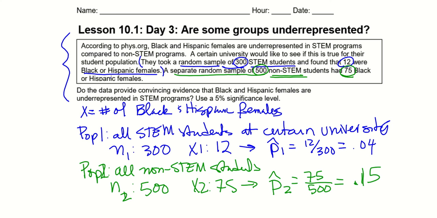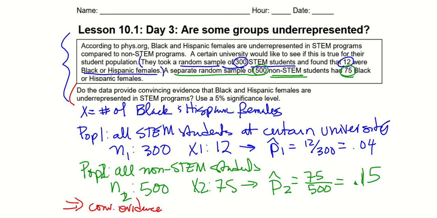And then the question says, do the data provide convincing evidence that Black and Hispanic females are underrepresented in STEM programs? So from this statement, I have a job to do, right? I'm trying to determine if there is convincing evidence that Black or Hispanic females are underrepresented in STEM programs.